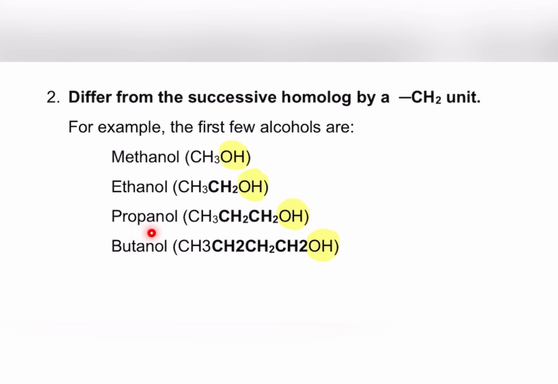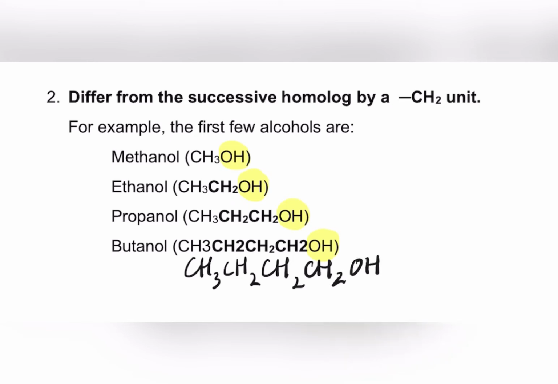The next one, we have propanol with an increase of 2 CH2 units, and the same goes for butanol. You have 4 carbon atoms with this chemical formula. Please make the numbers for CH2 and CH3 a bit smaller than what I wrote.